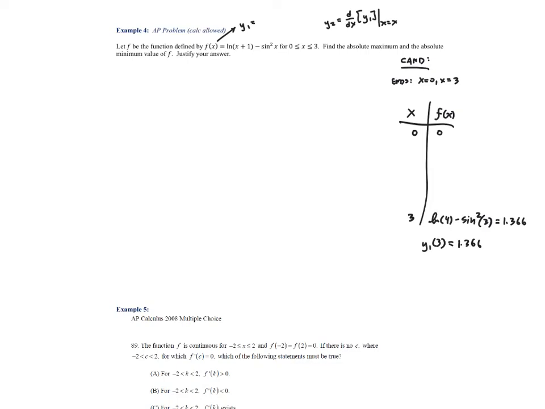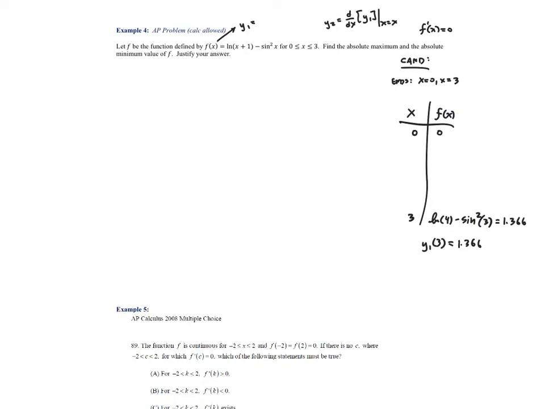Now I want you to graph y2, and I want you to find the values for which that function equals 0. Those will be the values for which f prime of x equals 0. You also want to look at the graph and see if there are any values for which it doesn't exist.